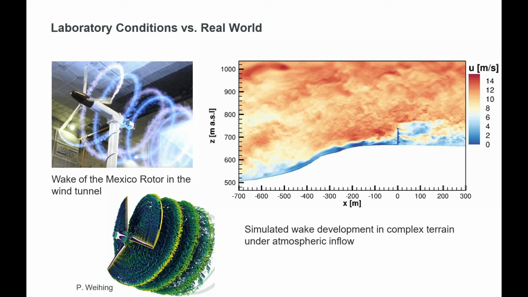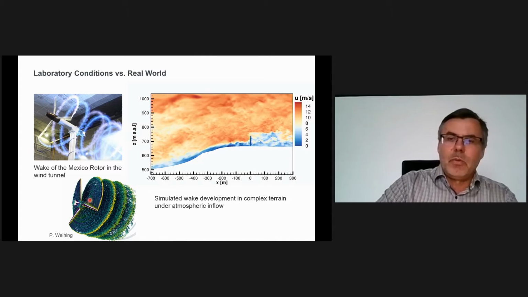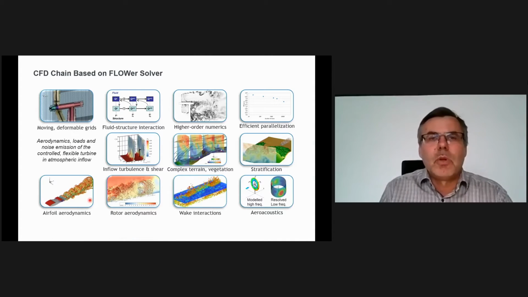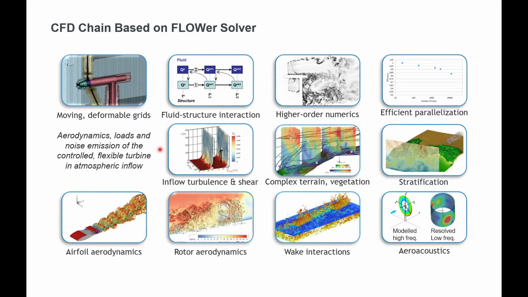So we have the challenge to bridge the scales from the very large scales of the atmosphere down to the very small scales that at the end drive the aerodynamics and also acoustics. And we approach this multi-scale problem by using a hybrid CFD method, a hybrid RANS-LES on the turbine side. And then we have a generation of atmospheric inflow by different means that I will show you on the next slide.